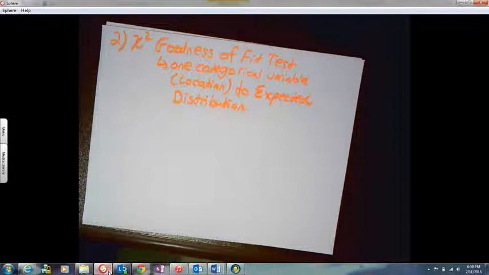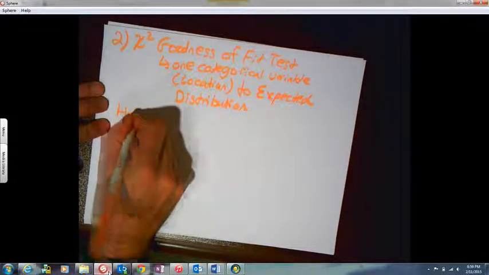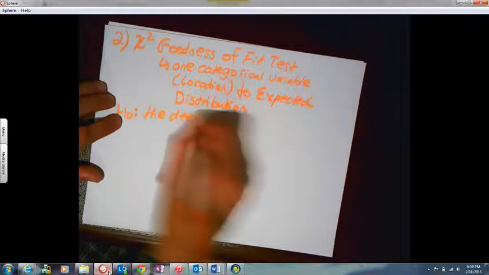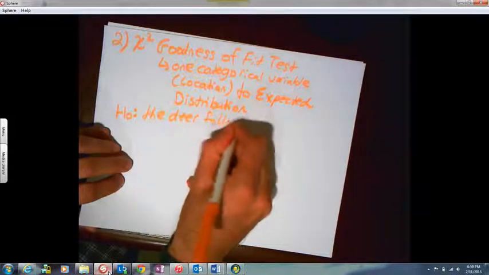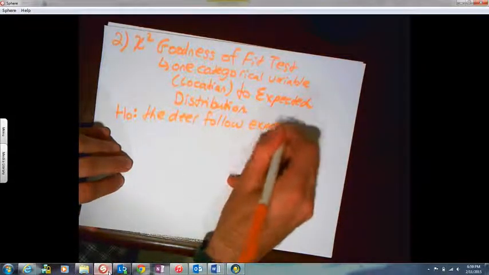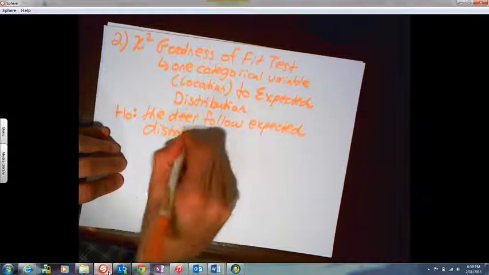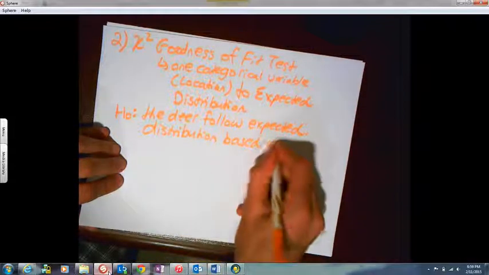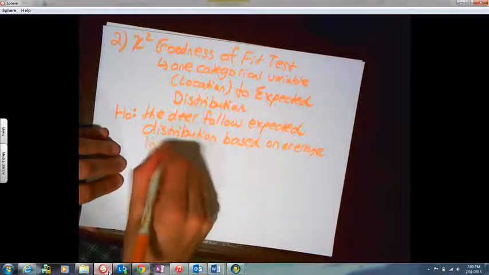So we understood this chi-square. We're going to do the hypothesis. So the null hypothesis is that the deer follow the expected distribution based on acreage in each habitat.